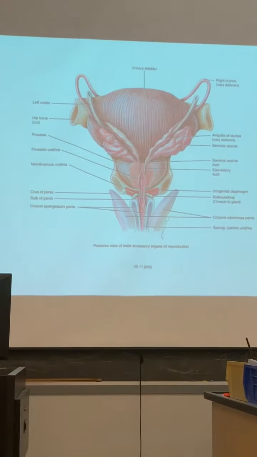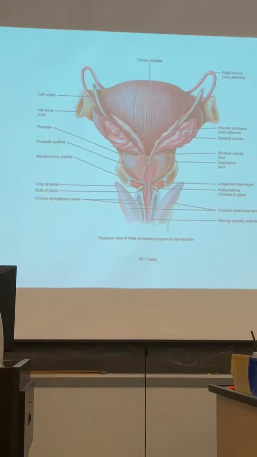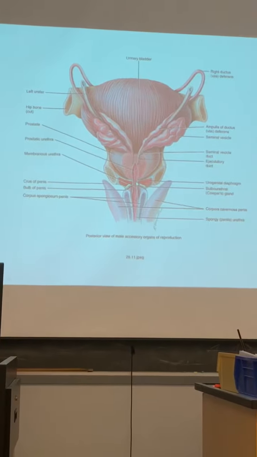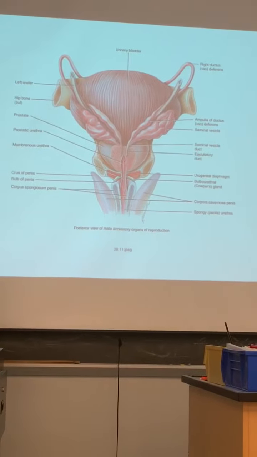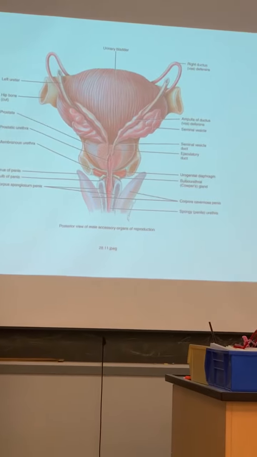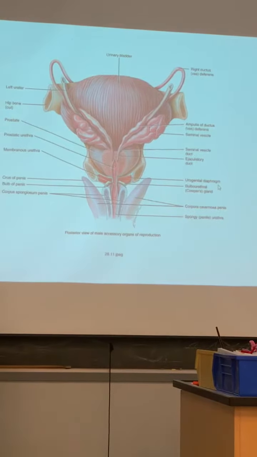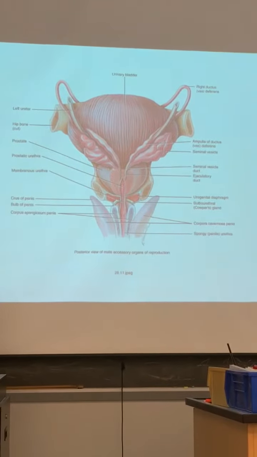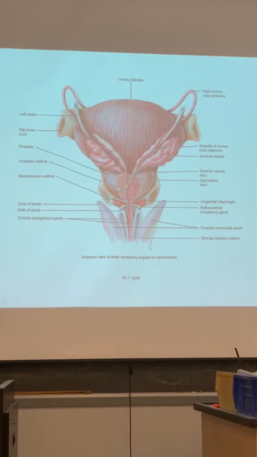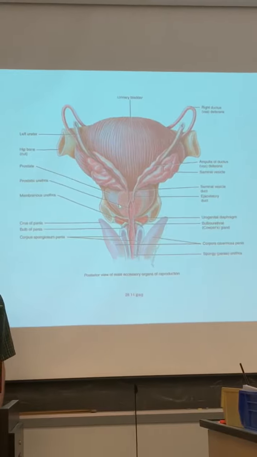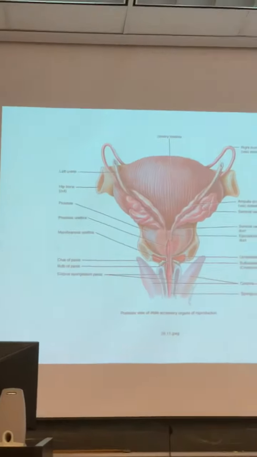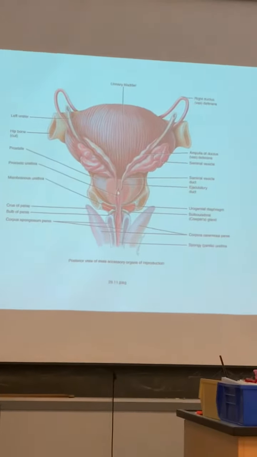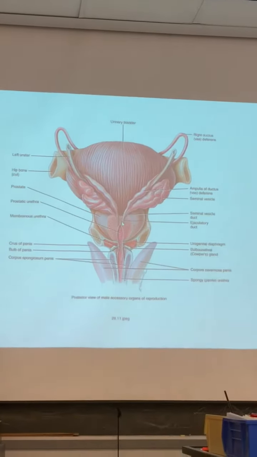The prostate gland sits between the bladder and the pelvic outlet, the muscles of the pelvic outlet, also called the urogenital diaphragm. That's the muscles there, that pelvic outlet. The prostate is sort of a spongy gland, which has multiple ducts that empty into this portion of the urethra.